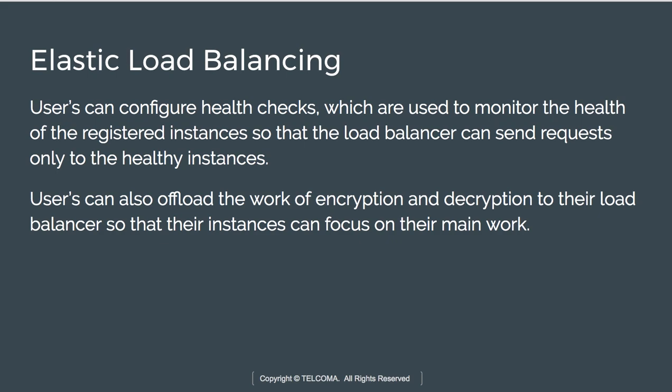We also have the internal load balancer. In a multi-tier application, it is useful to load balance between the tiers of the application. So the internet facing load balancer receives and balances external traffic to Amazon EC2.